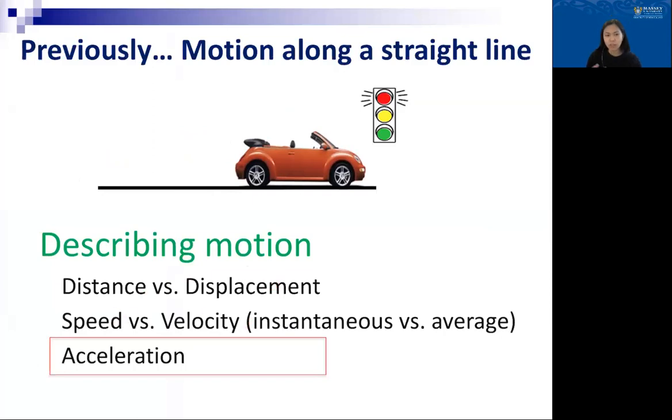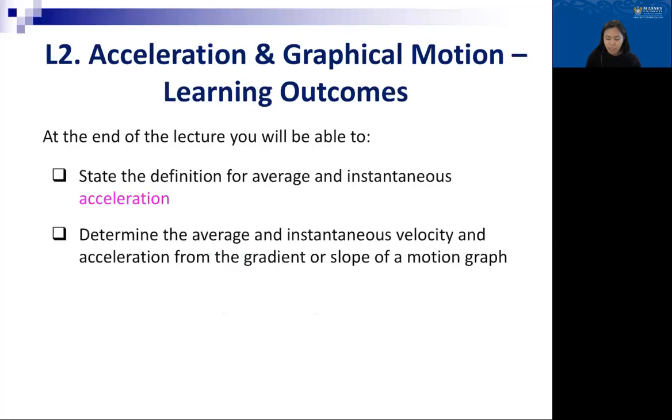So this time we will learn a quantity called acceleration. So hopefully at the end of this lecture, you'll be able to define what is acceleration, what is average acceleration as opposed to instantaneous acceleration. And then we will start to look at graphs, how we can interpret the motion of an object using a graph.